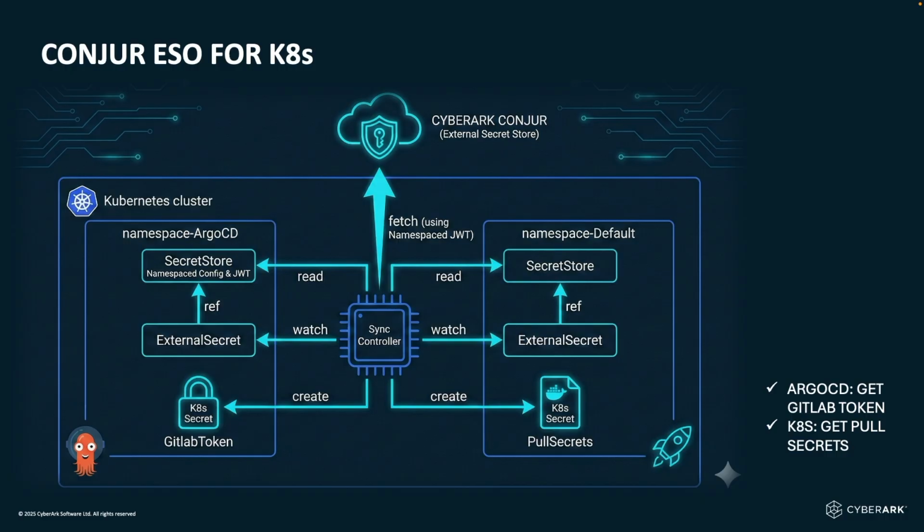For example, getting the GitLab token to get the update information of the manifest from CI/CD for ArgoCD, right? Or getting the pull secrets from the Kubernetes secret for the container image pulling and deploying in the Kubernetes environment. So that is how it works for the Kubernetes environment itself.